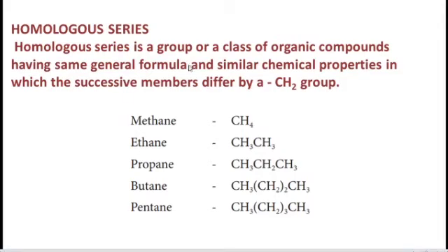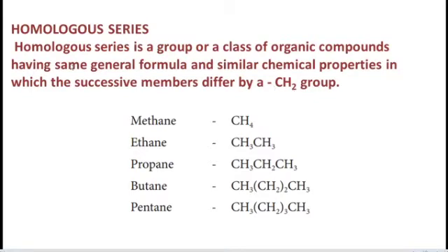Homologous series is a group or a class of organic compounds having the same general formula and similar chemical properties, in which the successive members differ by a CH2 group. The first group to the second group only differ by CH2.